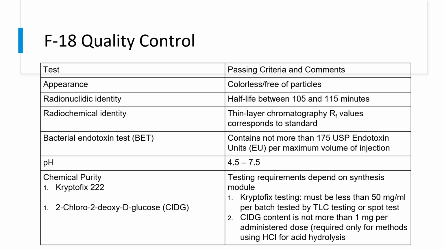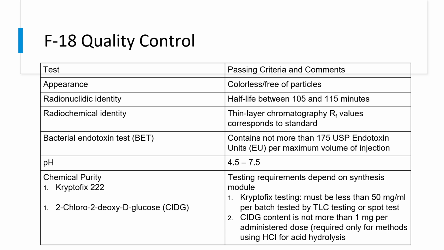The radiochemical identity is done by assessing the thin layer chromatography, and then the bacterial endotoxin test is not done on every single sample because it takes a long time for those results to come back.